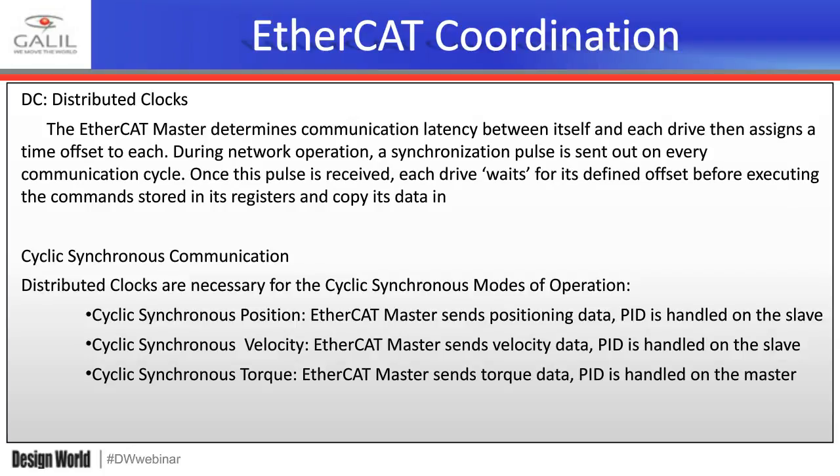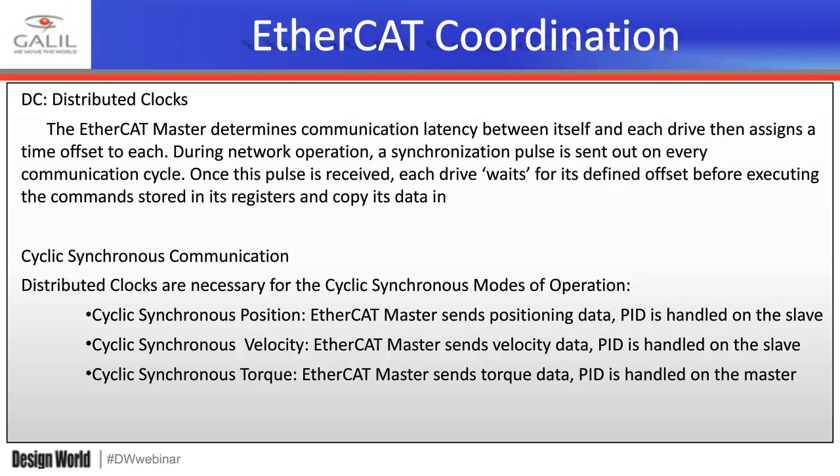When that network is first brought up, 20,000 of these packets are sent between the drives in order to calculate a very high resolution timestamp. Again, nanoseconds. And so the master calculates these offsets and assigns a time offset to each drive.